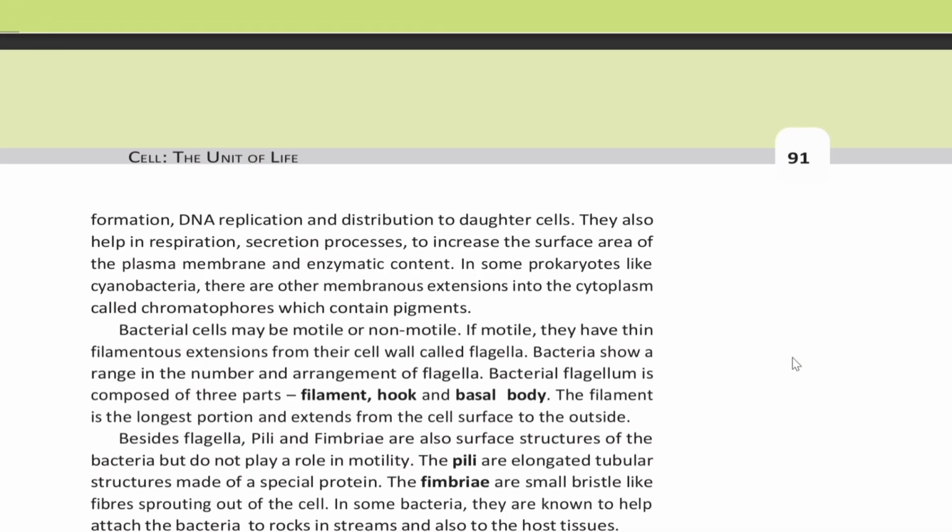They help in cell wall formation, DNA replication and distribution to daughter cells. They also help in respiration, secretion processes, to increase the surface area of plasma membrane and enzymatic content. In some prokaryotes like cyanobacteria, there are membranous extensions into the cytoplasm called chromatophores which contain pigments.